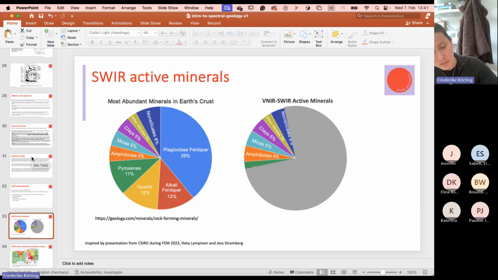So when you see hyperspectral maps for different deposits or different rock types, especially in the SWIR, we usually focus on alteration mineralogy that is SWIR active, to say something about the overall rock and its position within the mineralized system. We usually focus on some silicates, non-silicates, clay, mica, amphibole, some pyroxenes, just in broad groups.